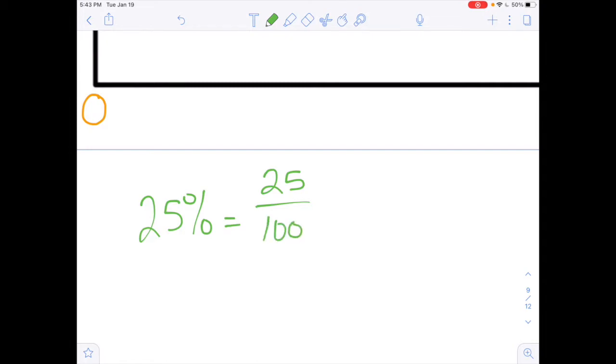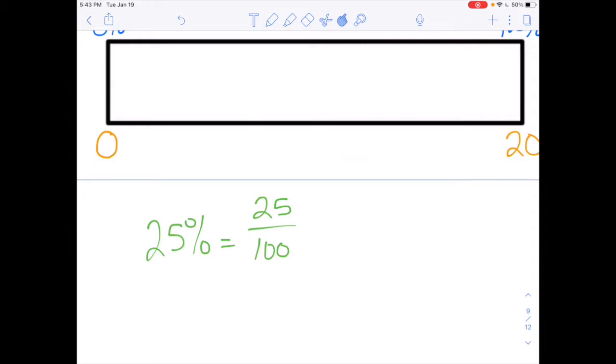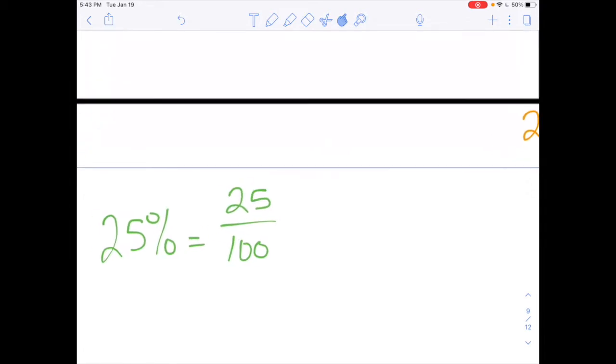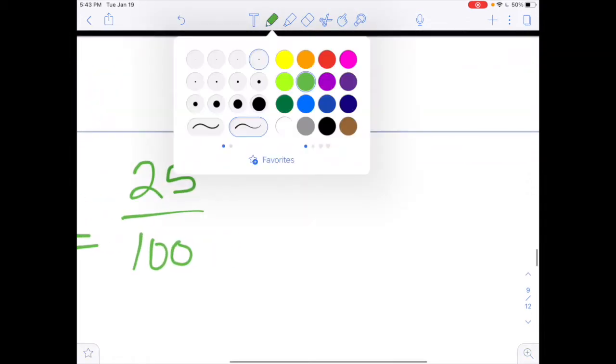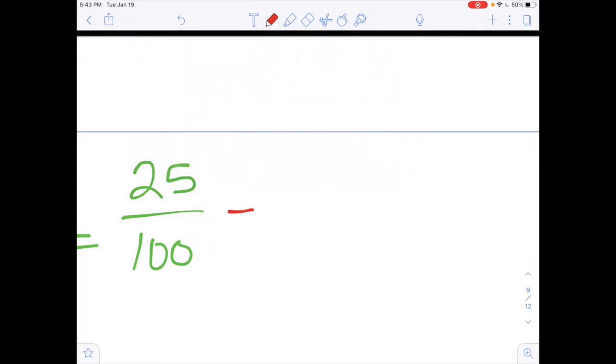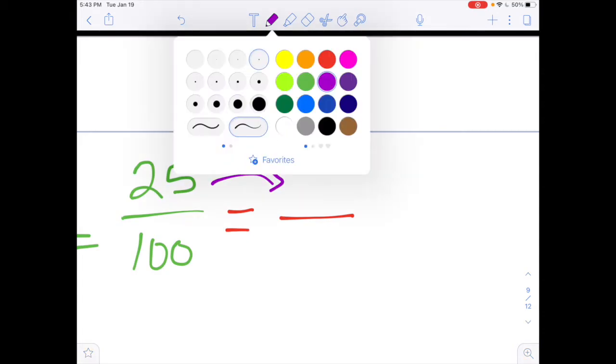So I could split that bar into 100 parts, but I don't want to. So instead, I'm going to find the greatest common factor of 25 and 100, and hopefully we're starting to really think about quarters. So I'm going to divide 25 by 25, and I'll get the answer 1.